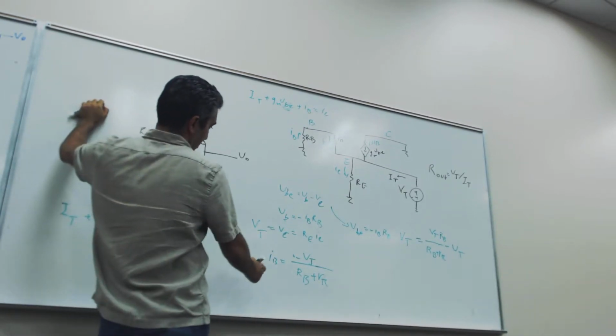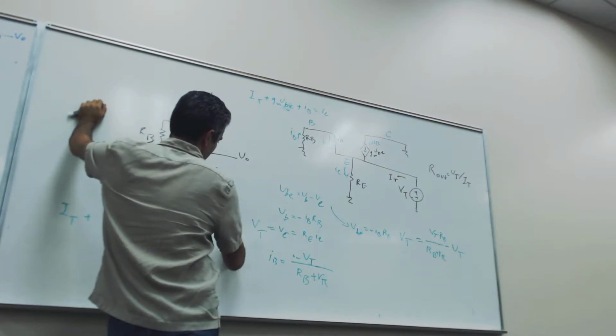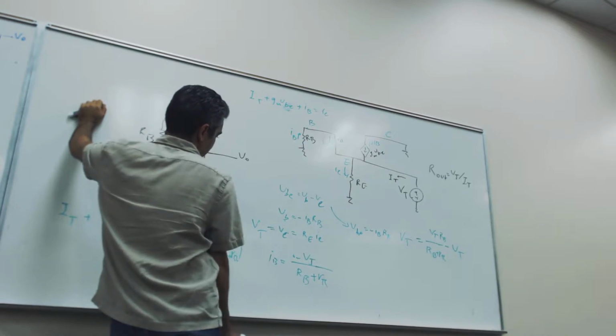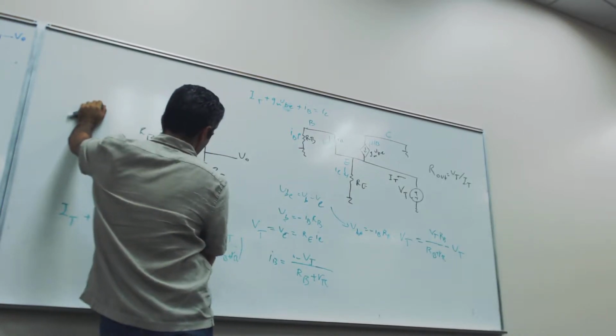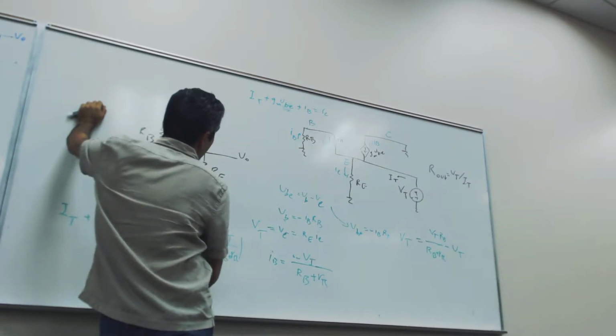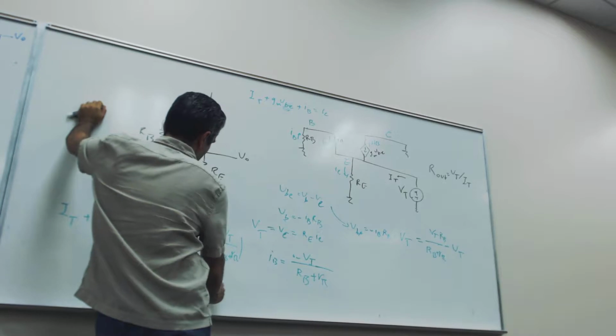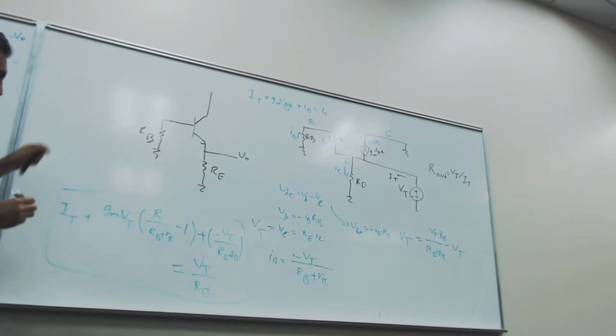Plus, now IB is that, minus VT divided by RB plus R pi is equal to IB, which is VT divided by RE. And we have the equation over. Okay, let's do the math.